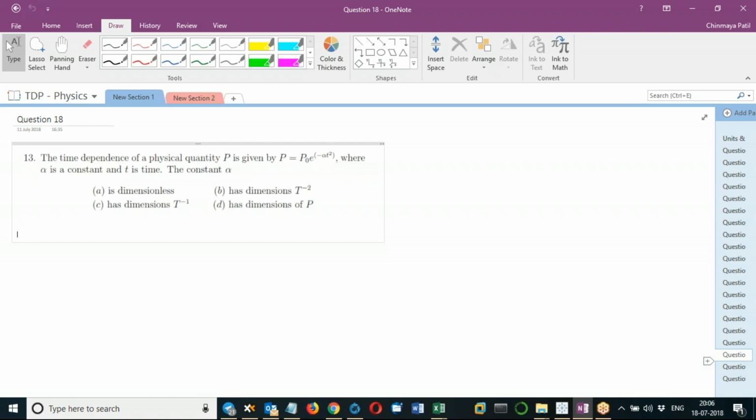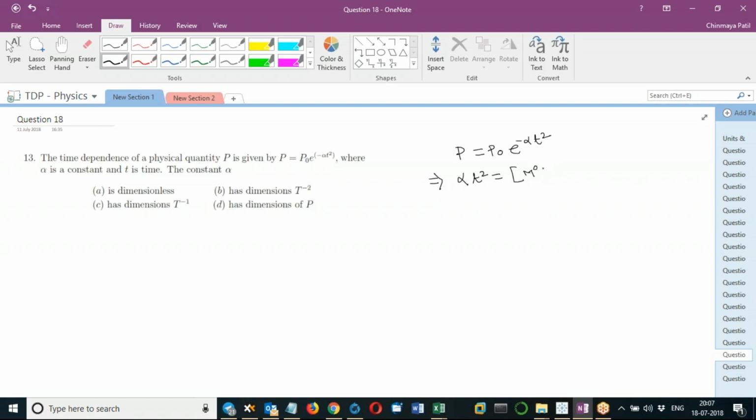So let's see. As we know that P is equal to P0 into e power minus alpha t square, if you look into that equation very minutely, P by P0 is dimensionless, and e power something is dimensionless, so alpha into t square has to be dimensionless.